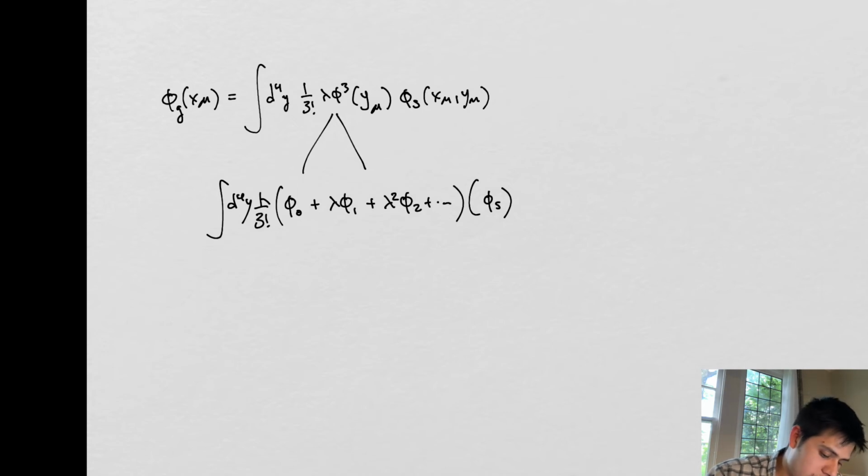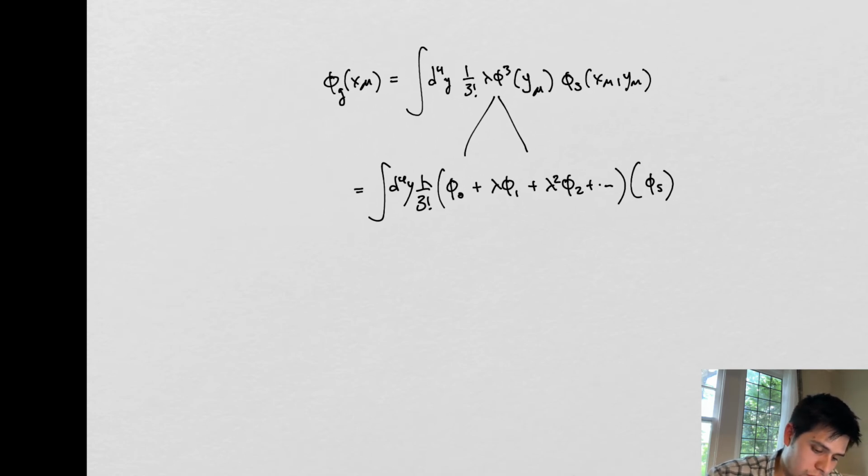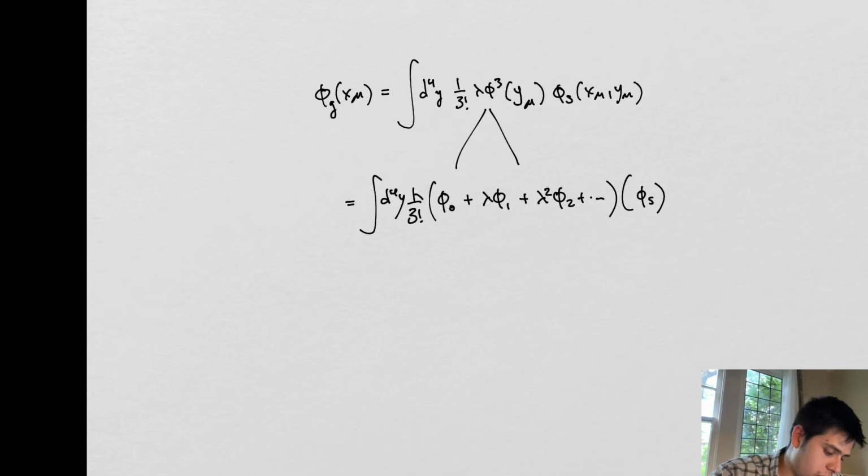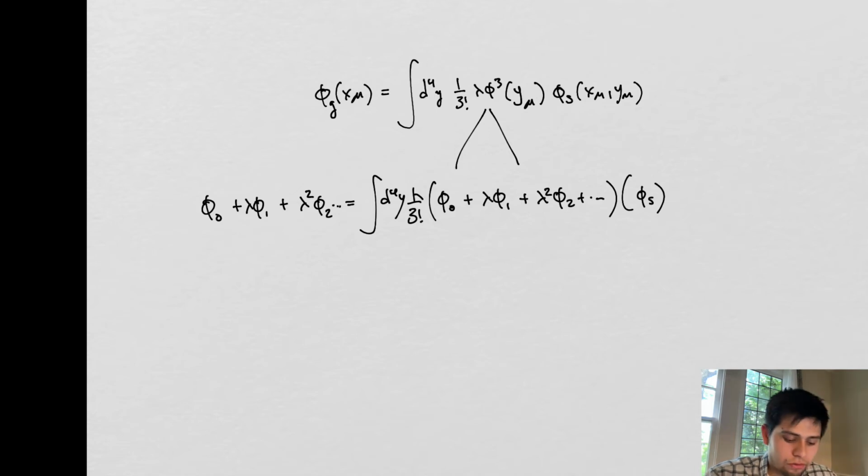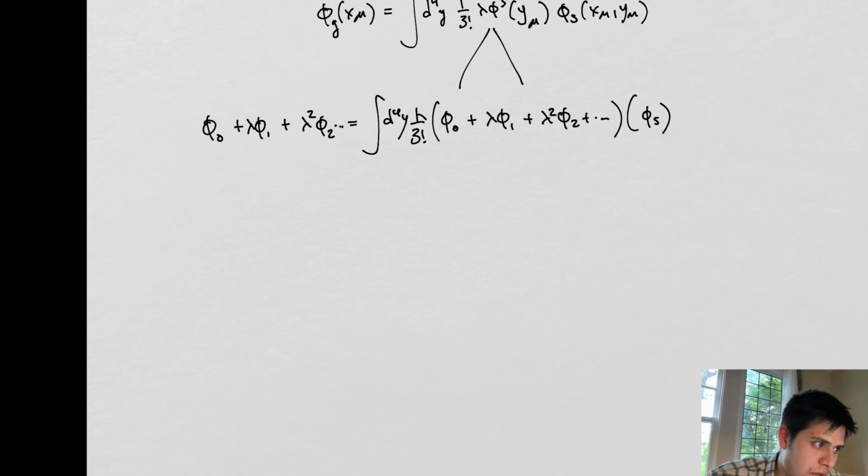And all of this is going to be equal to our general solution, just like we said, which was phi 0 plus lambda phi 1 plus lambda squared phi 2, and so forth. What we'll be able to see now is that when we do this multiplication, we're going to get this times this.